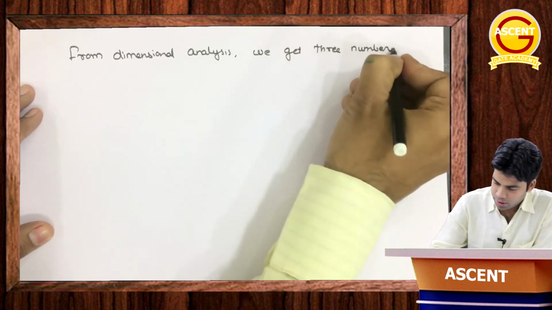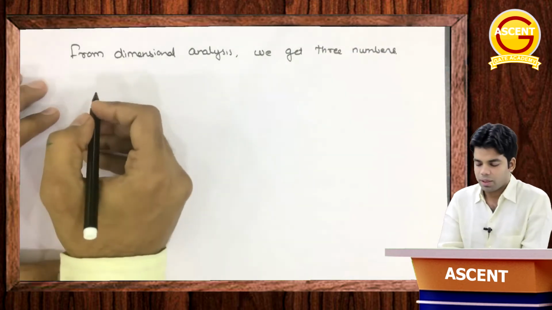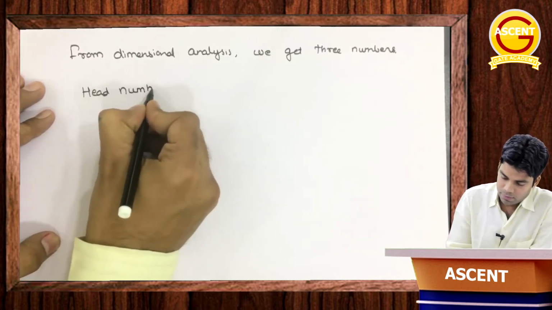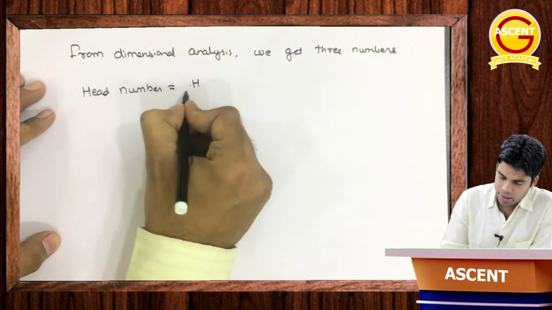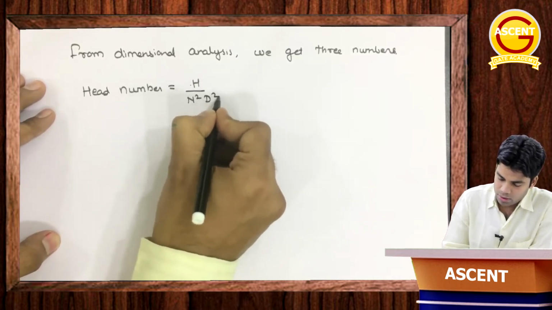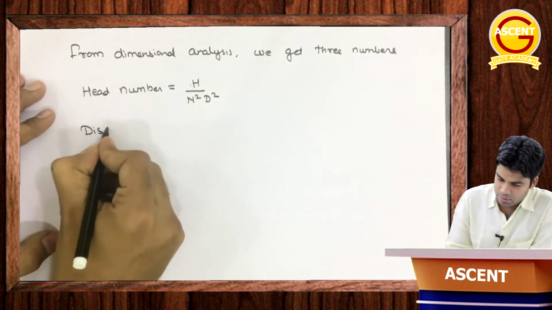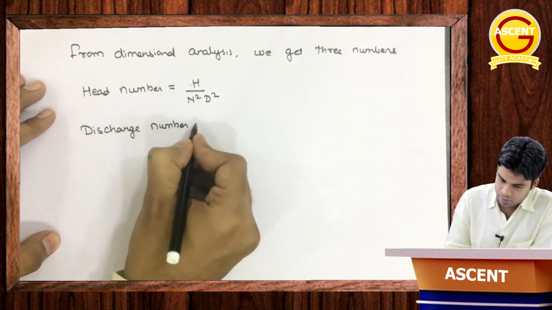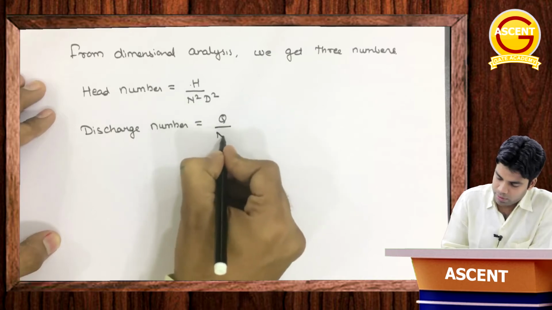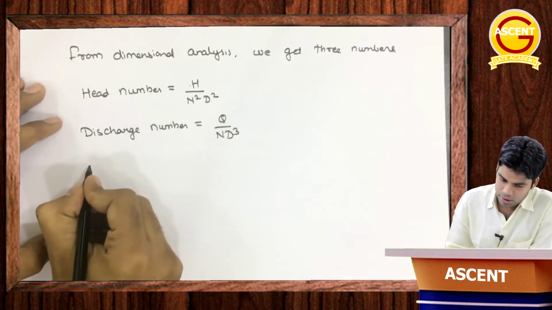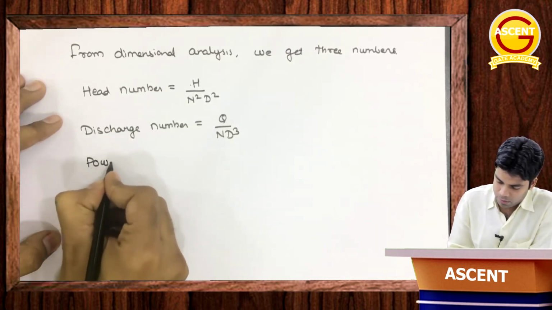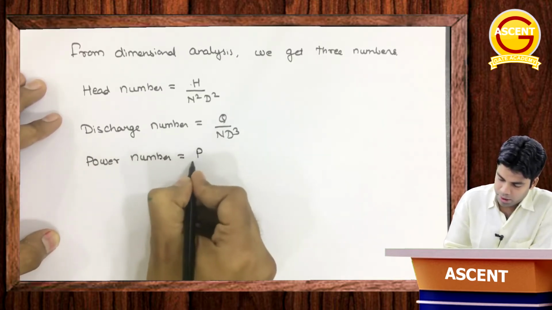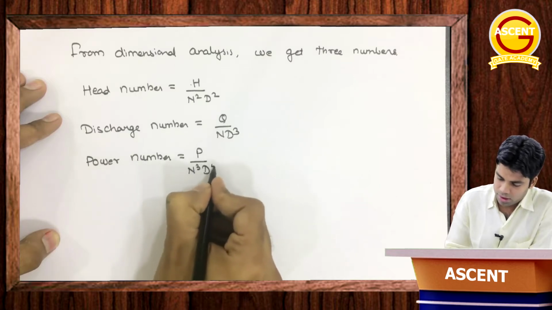Now, from dimensional analysis, we get three numbers. Okay, these three numbers are very, very important. First is the head number, which is equal to H divided by N square D square. Second is the discharge number, which is equal to Q divided by N D cube, and third is the power number, which is equal to P divided by N cube D raised power 5.